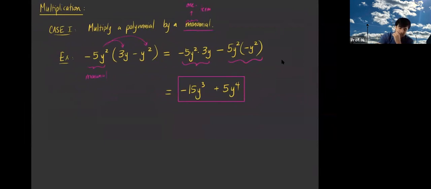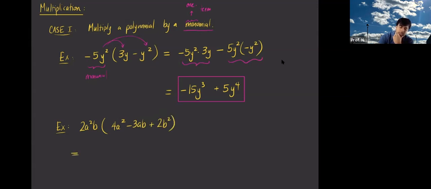Okay, I'll give you another example, and then we can move on to the second case. Actually, I'll give you two more. So if I have 2a squared b, for example, and I multiply this by 4a squared minus 3ab plus 2b squared, what's the result?